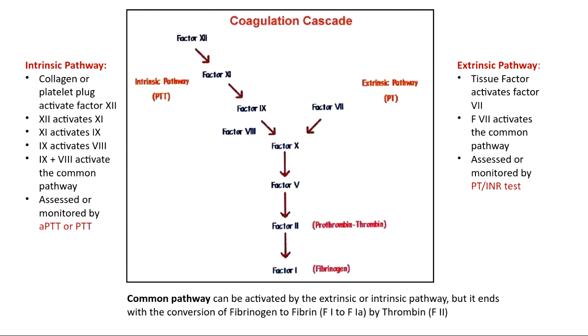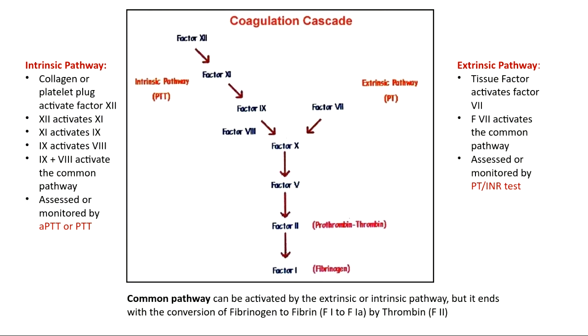So in the intrinsic pathway, the activation of factor 12 by collagen will lead, in domino fashion, once 12 gets activated by collagen, then activated 12 will activate 11, factor 11. Once factor 11 has been activated, activated 11 is going to activate 9, factor 9.